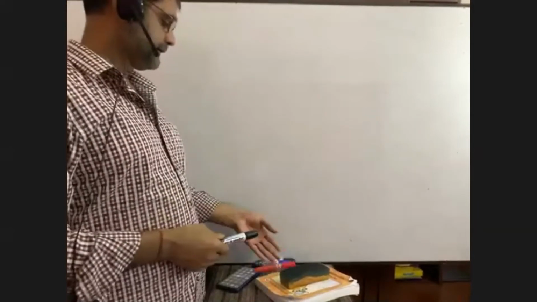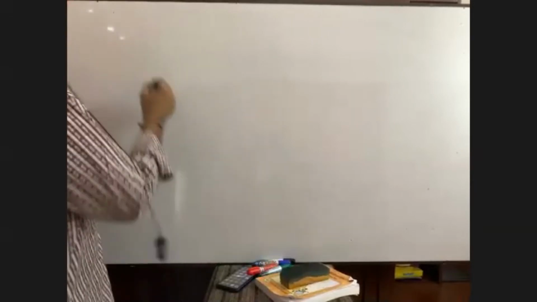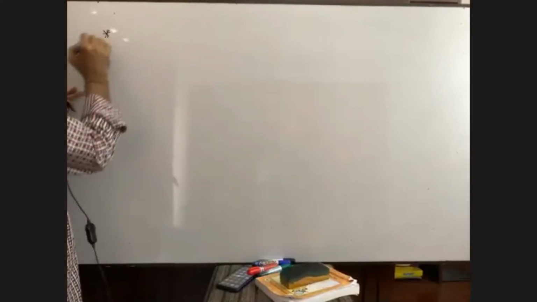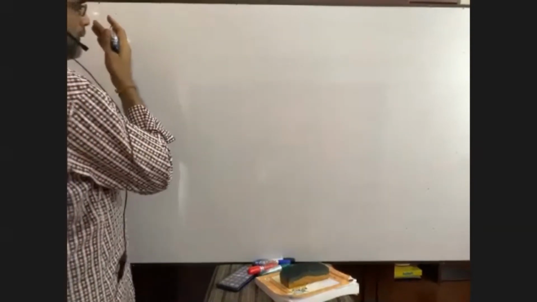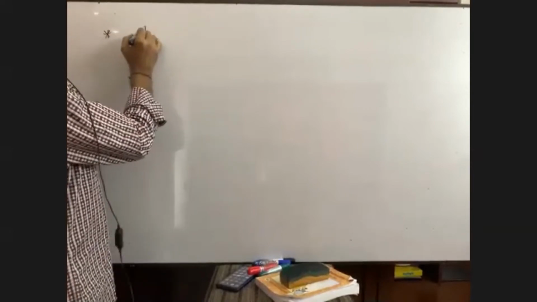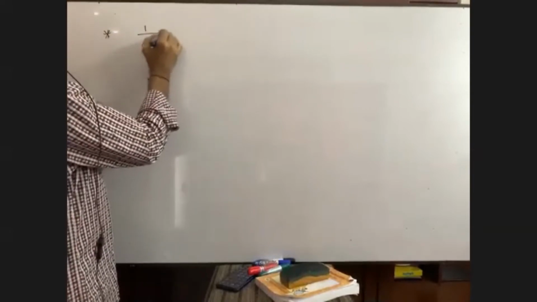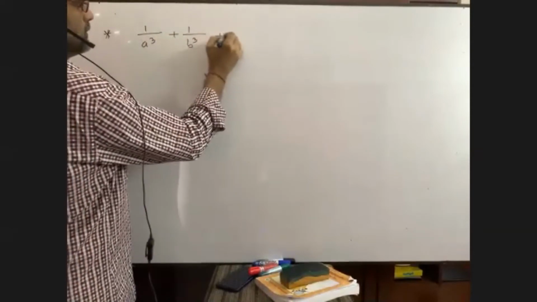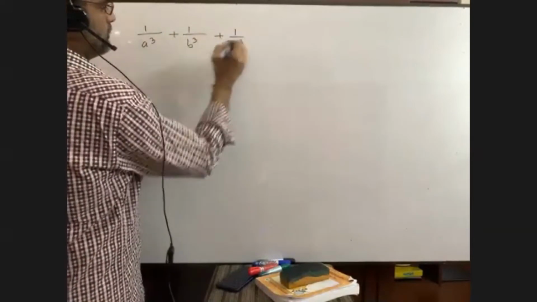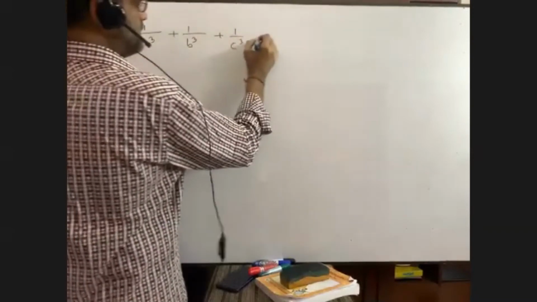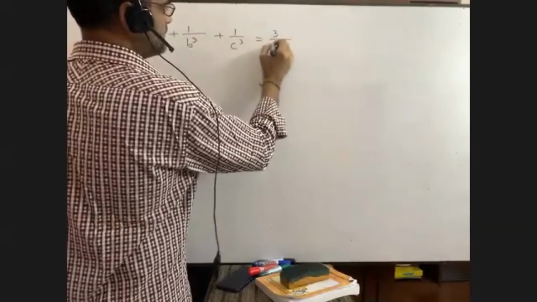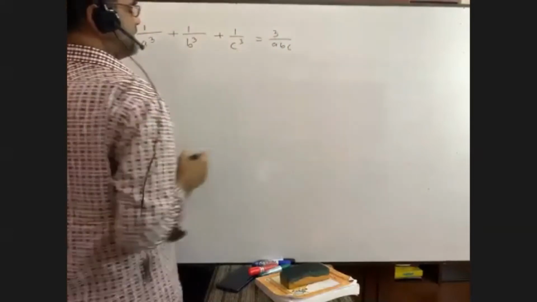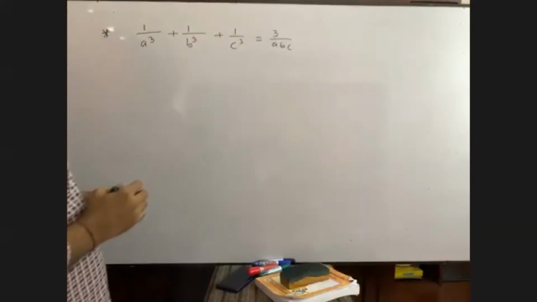Write down. Another important math. Write down. Very, very important. 1 by a cube, 1 by b cube, 1 by c cube is given as 3 by abc. It is given in the exam, in the question.